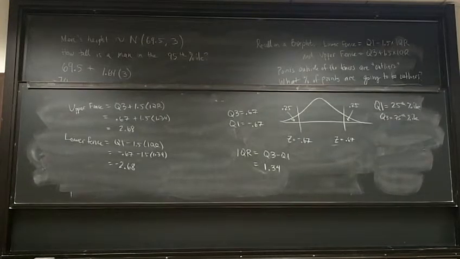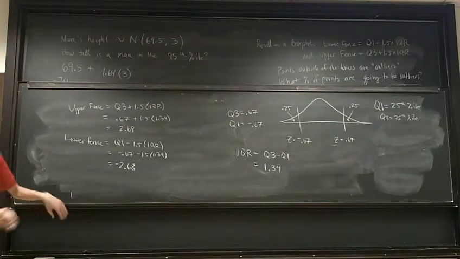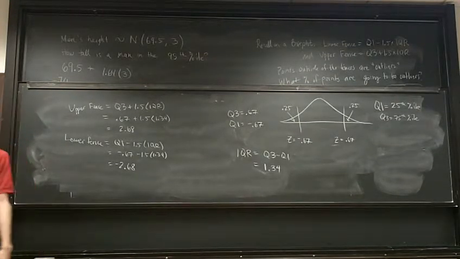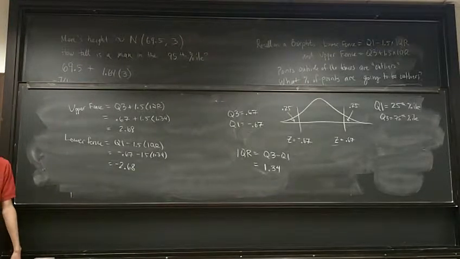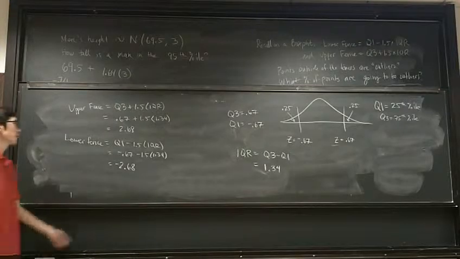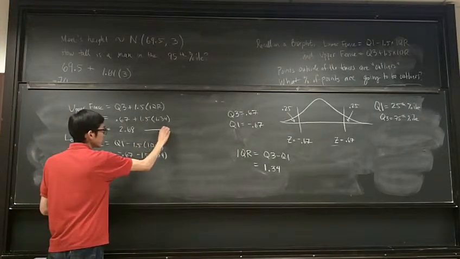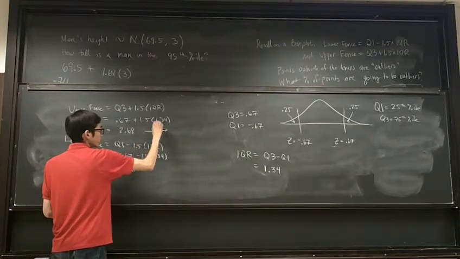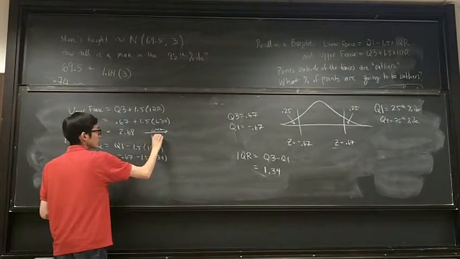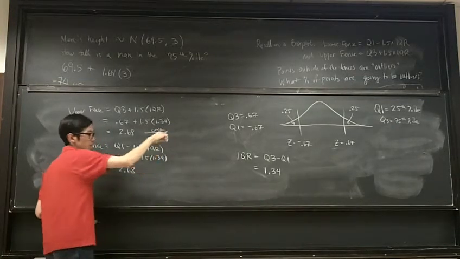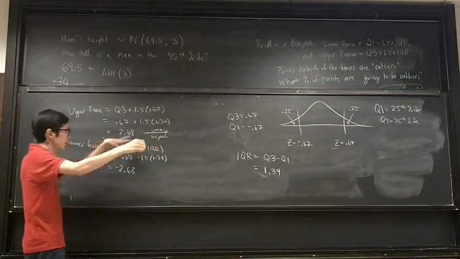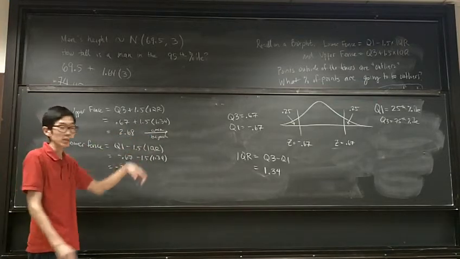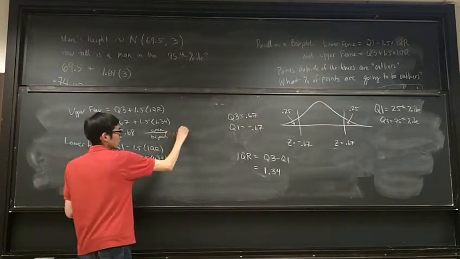Alright, so what percentage is beyond positive 2.68 and what percentage is beyond negative 2.68? When you look this up in the table, the area to the right is going to be 1 minus the value you look up for 2.68, and you get 0.0037.